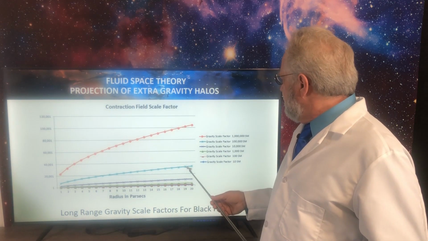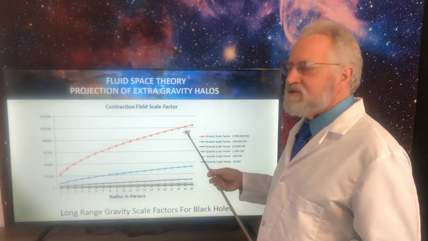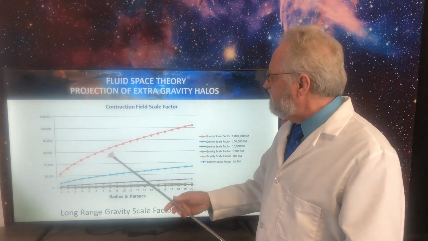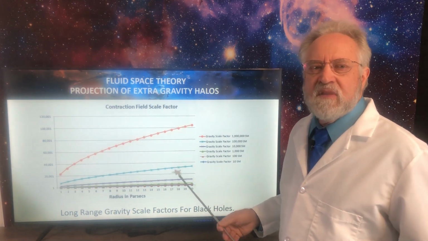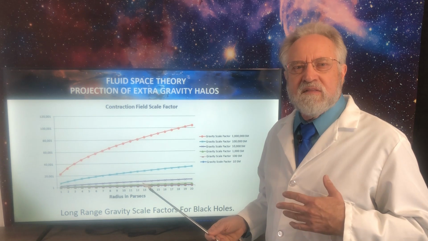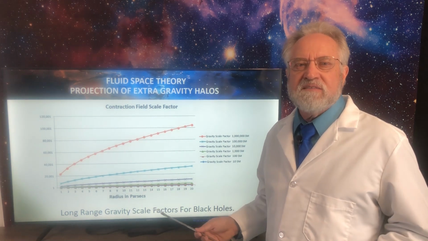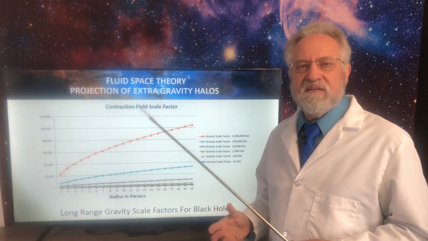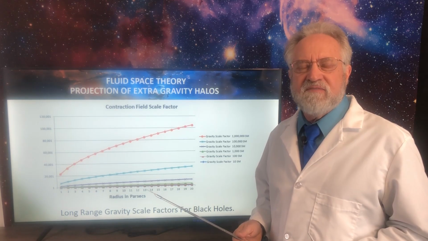Only when you get up into 100,000 or 1,000,000 solar masses like the central black hole do you get an effective scale factor, which means that the central black holes of galaxies are going to have a strong correlation with the amount of extra gravity halo or the dark matter effect.